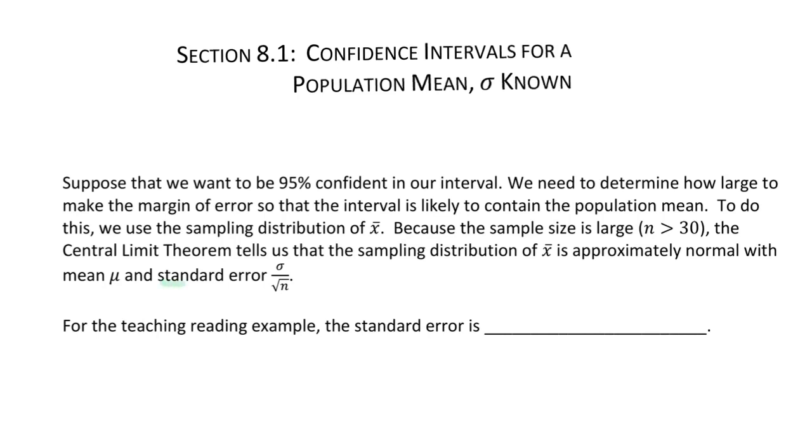The standard deviation of the sample mean is also called the standard error, sigma divided by square root of n. So in our example, the standard error is 15 divided by square root of 100, which equals 1.5. Now you learned one more new term, standard error, which is sigma divided by square root of n.